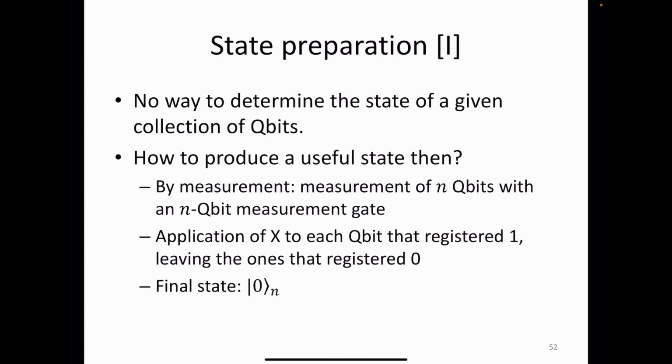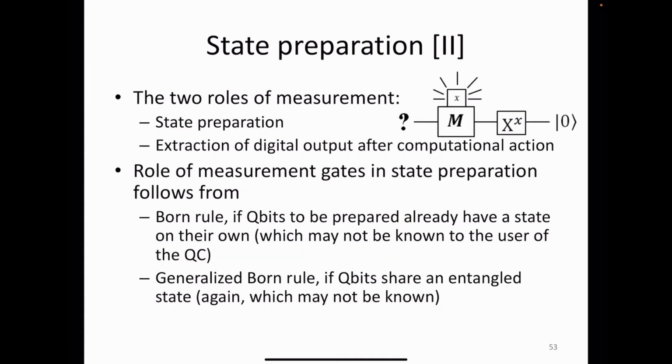What we do is we measure. We measure our input register, our state of n qubits, with an n qubit measurement gate. And for each of the qubits that registered 1, we apply the NOT operation, leaving us with an n qubit state, all in zeros. That's then a well-defined state that we can use to start our computation.